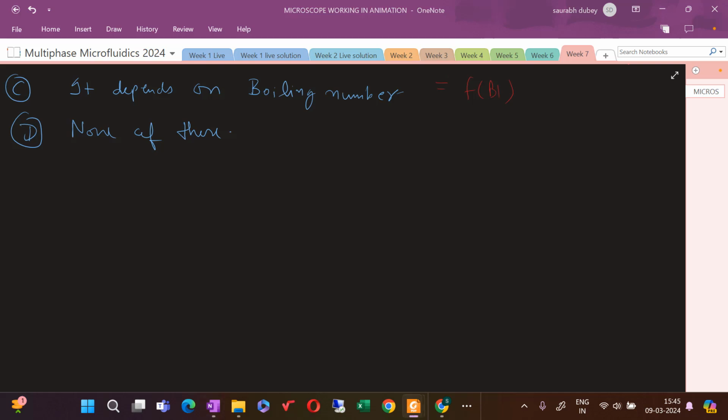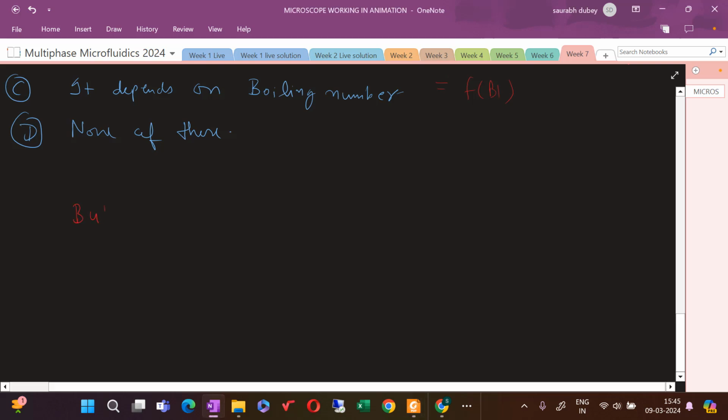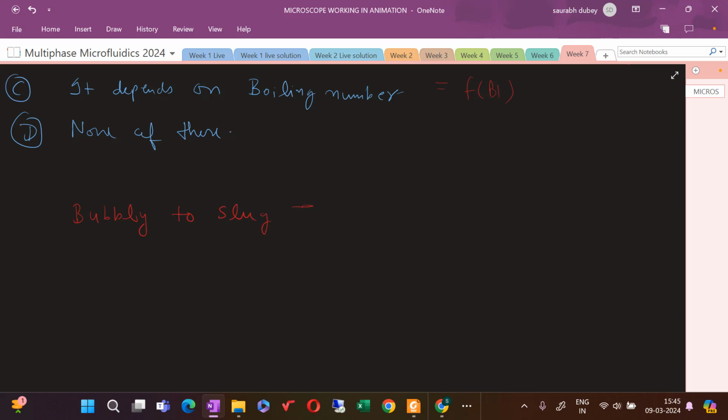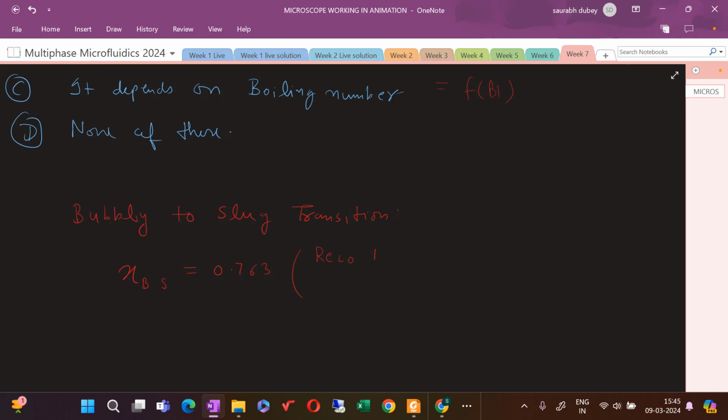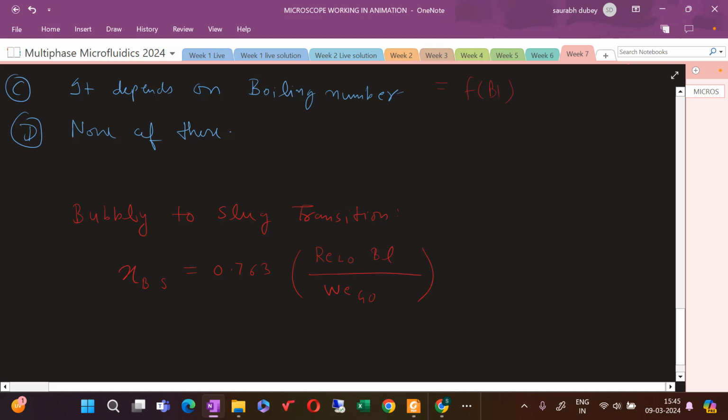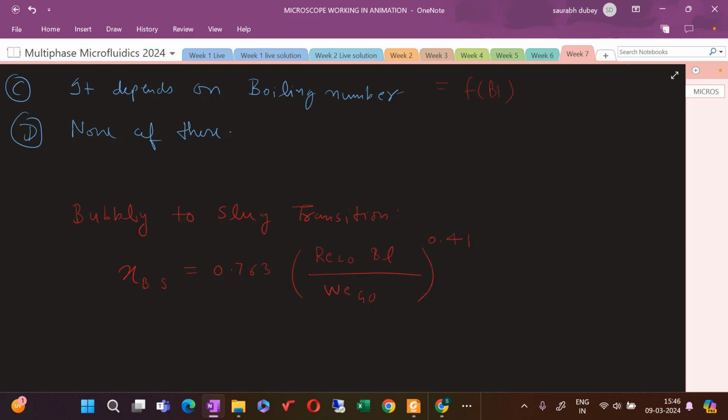So here you had the bubbly to sludge transition. We have already written it. This Reynolds number is based on the liquid, and then there is a boiling number, and then there is a number based on gas.